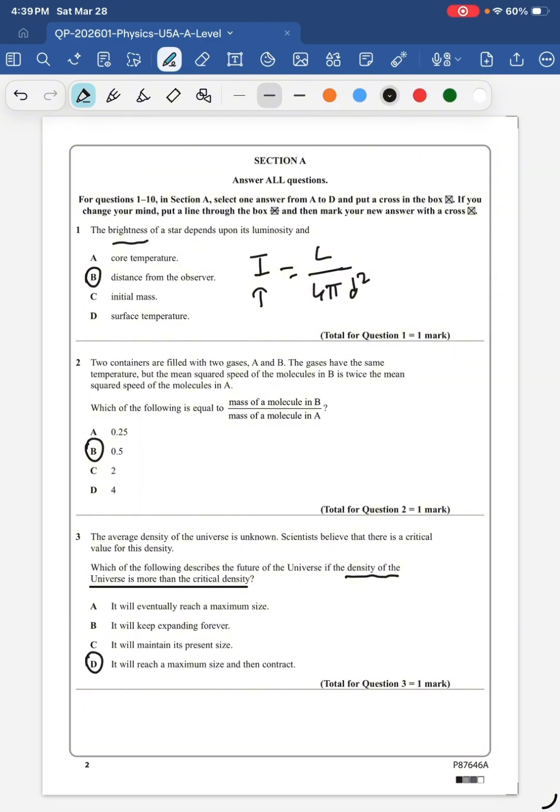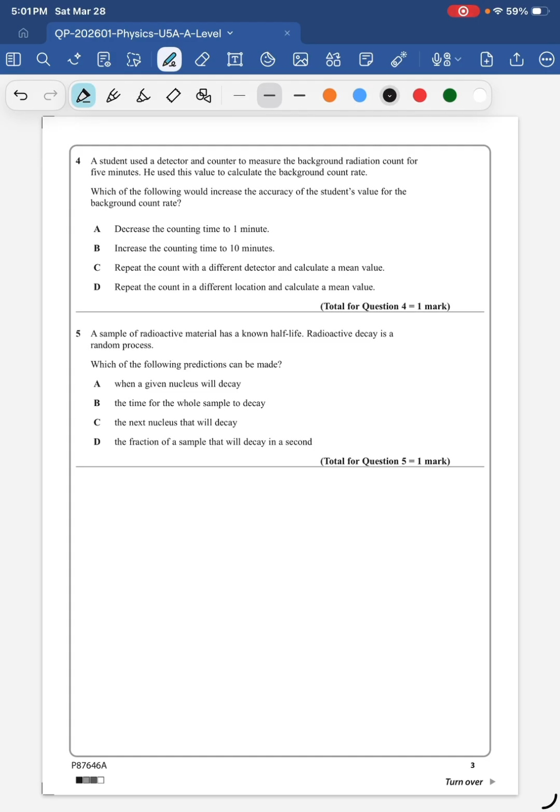All right. Now question number 4. A student used a detector and counter to measure the background radiation count for 5 minutes. He used this value to calculate the background count rate. Which of the following would increase the accuracy of the student's value for the background count rate? A, decrease the counting time to 1 minute. That will decrease the accuracy.